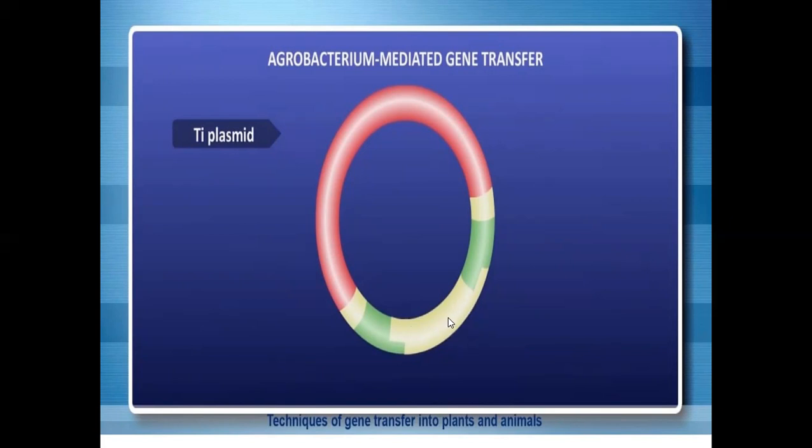Before the target DNA, promoter genes are present. These help in proper function of the tDNA in the host cell. Before the promoter, marker genes are present. The marker genes mainly help in insertion of tDNA into host cells.